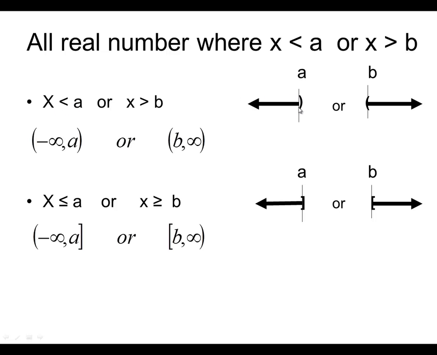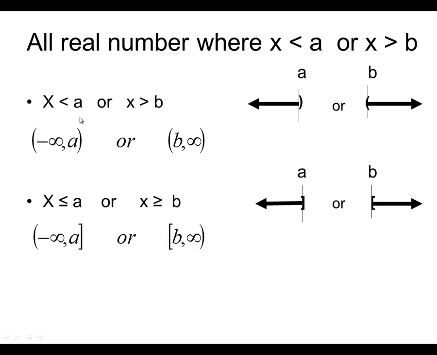So it does not include a, but it is all values less than a. Or x is greater than b, so it's going to be again open at b, and it's going to go to the right. Anything that continues on and on forever to the left, this arrow, is going to be negative infinity. Anything that's going to the right, that's all x values tending towards positive infinity.